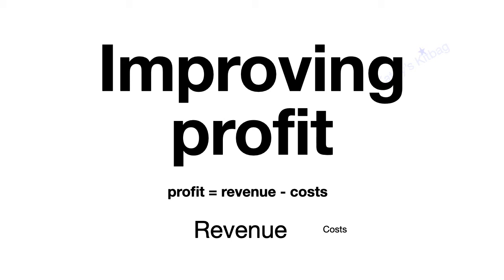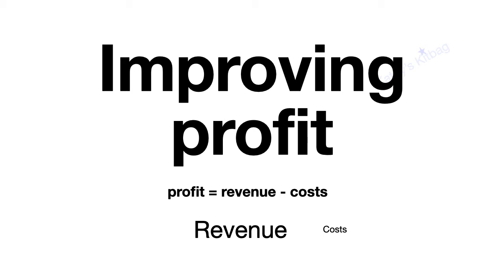So in the case of elastic goods, if you wanted to improve your revenues, you would actually need to decrease your price, and then hopefully, other things being equal, this would then improve your profit.